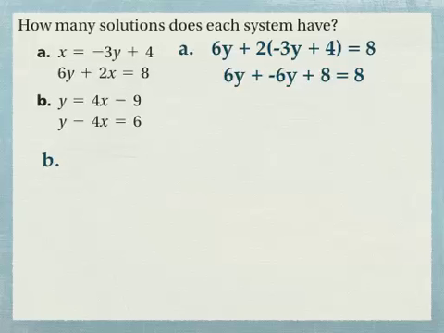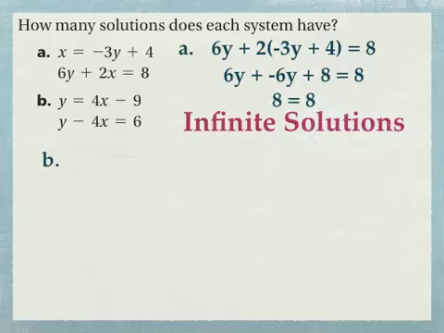Well, 6y minus 6y is 0, so you're just left with 8 equals 8. This is an identity. It is a true statement. Because it's an identity, I can say that A has an infinite number of solutions. So the system for letter A has infinite solutions because I ended with an identity.